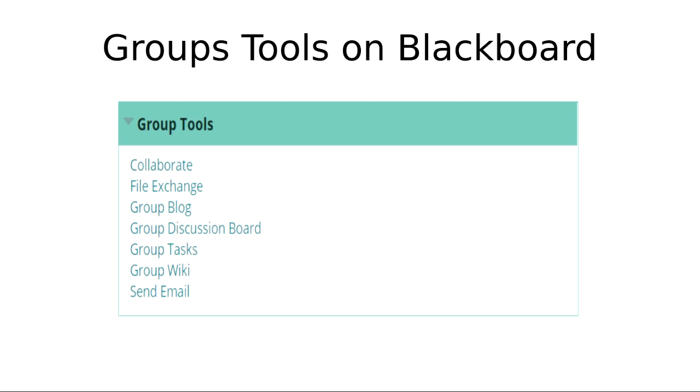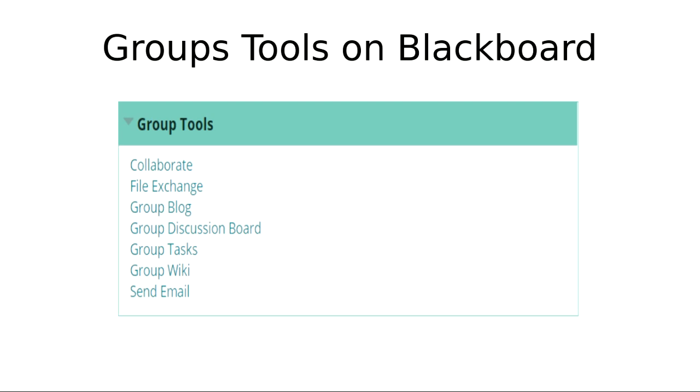Either one is fine. And then there's a group blog that you all could do if you want to do that. You can also assign each other tasks in the group task. You could do a wiki if you wanted to. And you can also send emails to everyone in the group. So that's another way to communicate with each other.